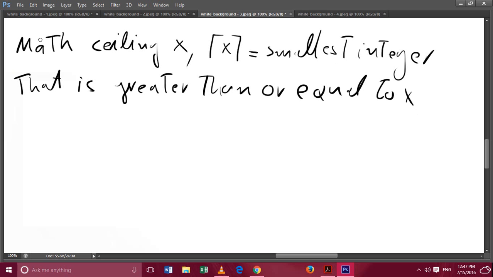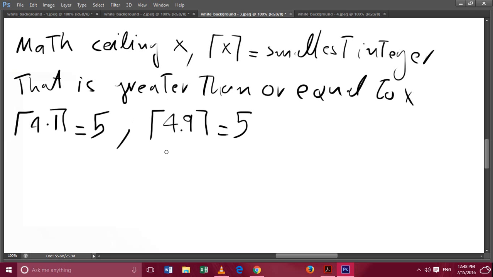Okay, let's take an example. So the ceiling of 4.5, or no, let's say 4.1. Ceiling of 4.1, the smallest integer that is greater than or equal to 4.1 is 5. You need an integer, 5. The ceiling of 4.9 is 5. Okay? Now, we needed to get this out of the way because we're going to use it.